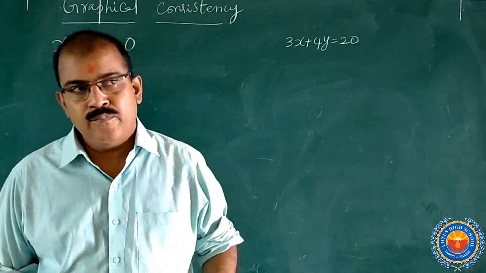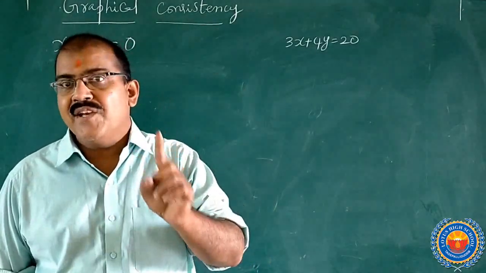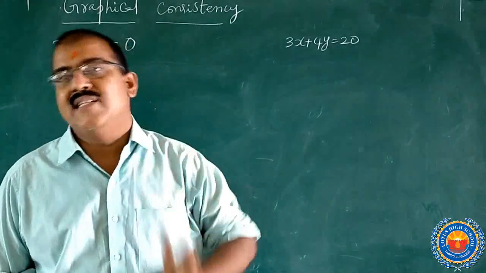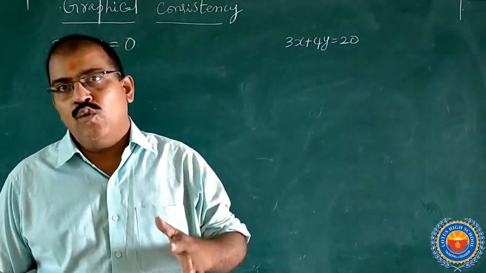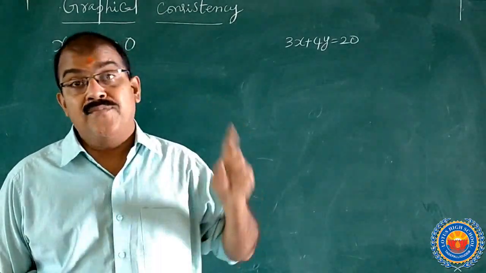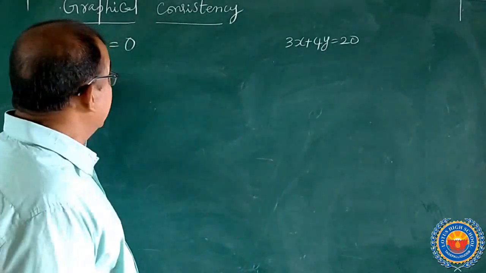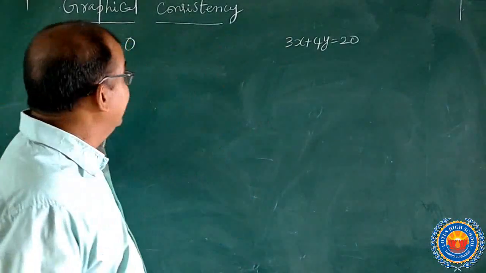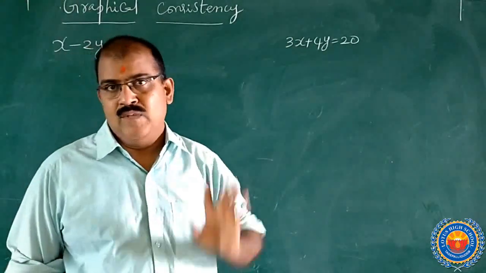You know how to draw the graph of a linear equation in two variables from the 9th class itself, but that was only one equation. So now we are going to draw the graphs of the pair of linear equations in two variables. These two graphs should be drawn on only one graph paper.